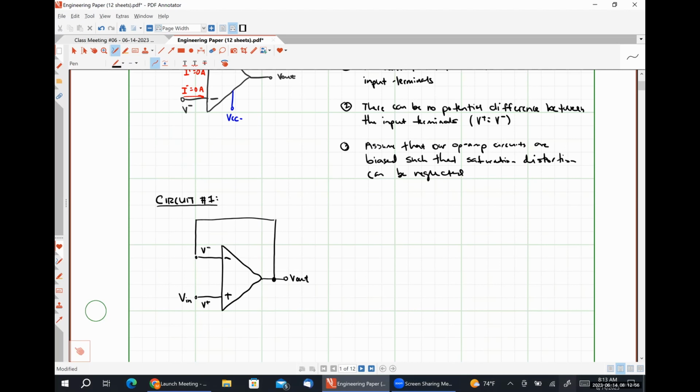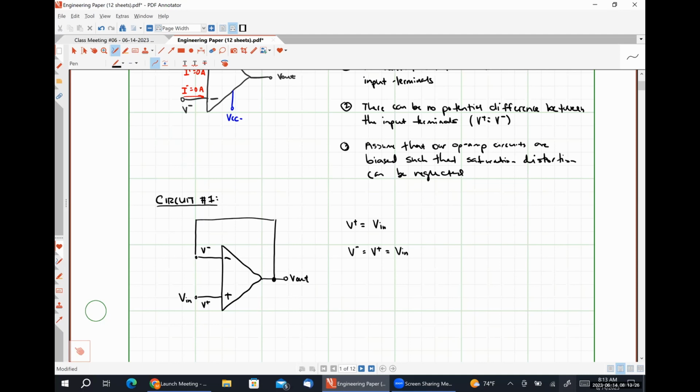So the first thing that we're going to do, and this is pretty much always going to be my first step, is to determine the voltage at the non-inverting input terminal. By inspection, we can see that V plus is equal to V in. Using our second ideal op-amp rule, we can then see that V minus must be equal to V plus, which is also then V in.